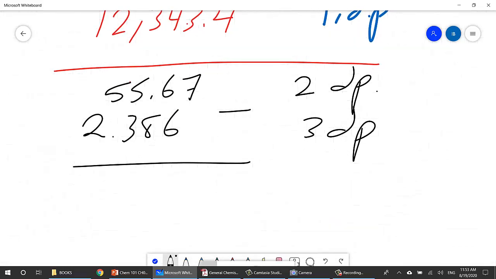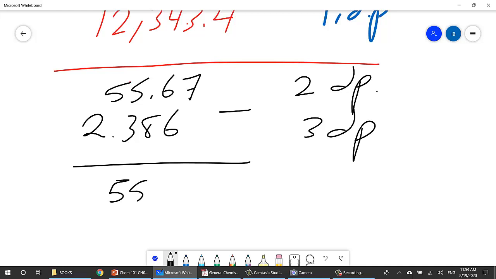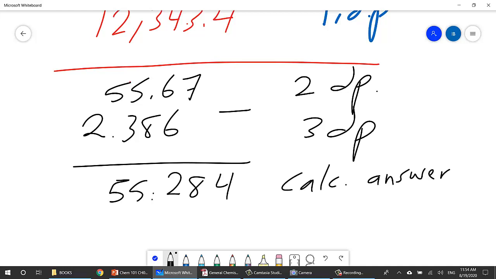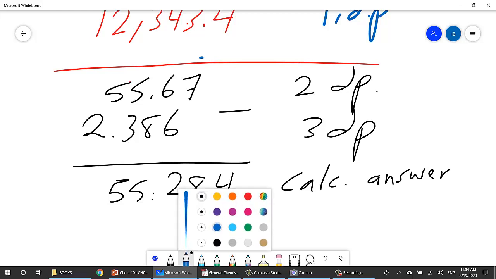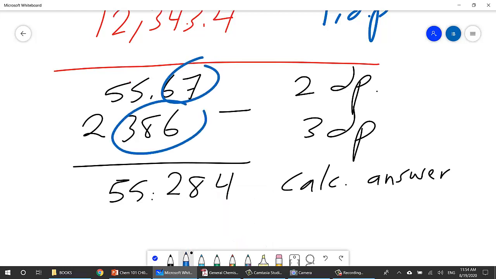It has to have 2 decimal places. You go with the lowest number of decimal places. So this number should be given in only 2 decimal places, and the correct answer should be 55.28. That's the correct answer.